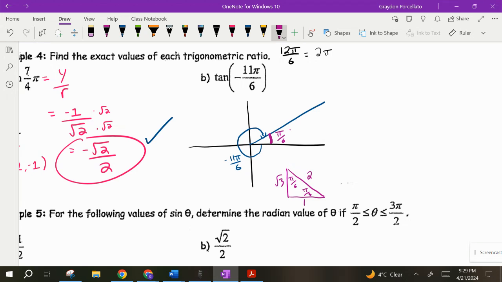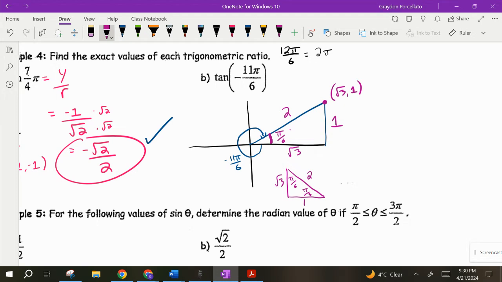So now I can put in my side lengths and create my triangle. Notice pi over 6 is across from the side length of 1. This means this is root 3, and this is 2. This coordinate here should be root 3, 1.